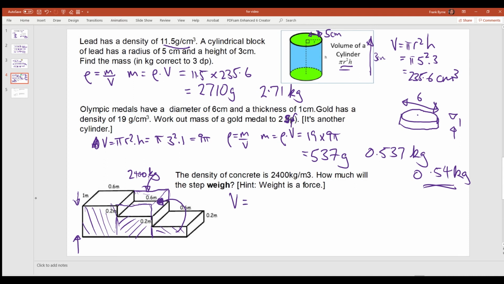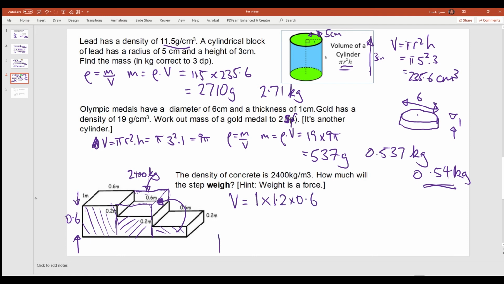So the volume is equal to 1 times, let's see, that's going to be 0.2, 0.2, that's 0.6, and that is 1, so it's 1.2 times 0.6.